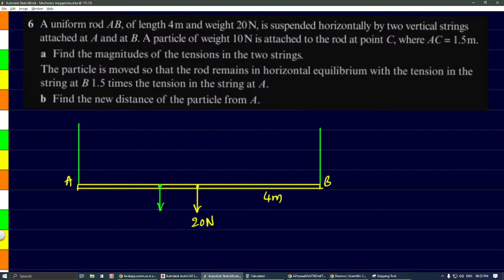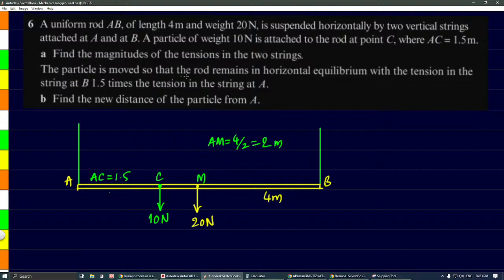So this weight is 10 newtons, correct? AC is 1.5, so this is point C. If you take this point as M, AM will be how much? AM will be 4 by 2, that is 2.